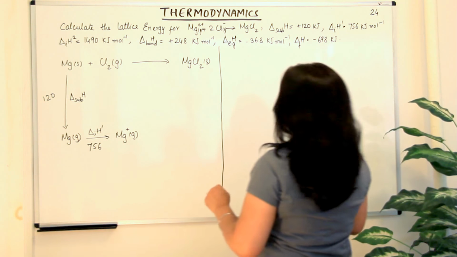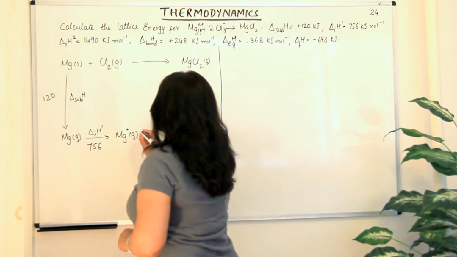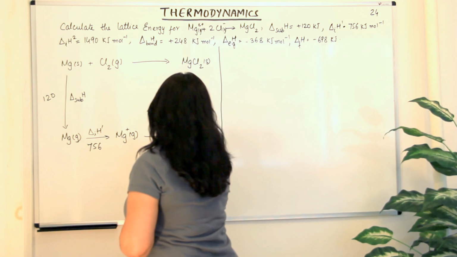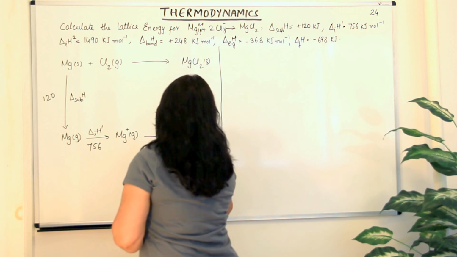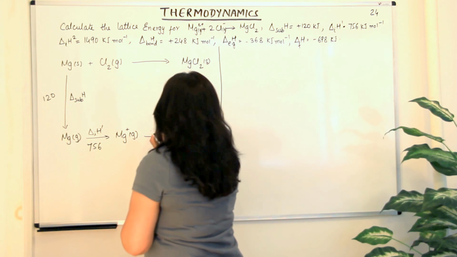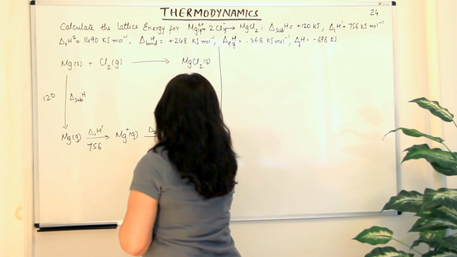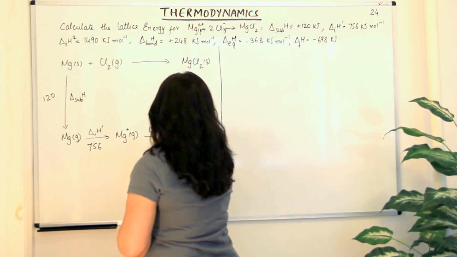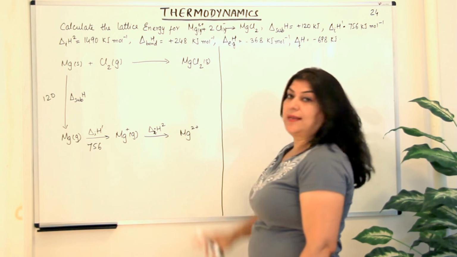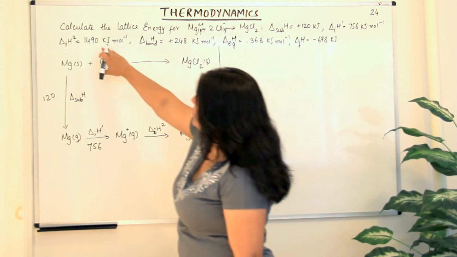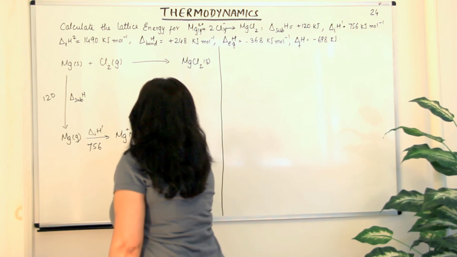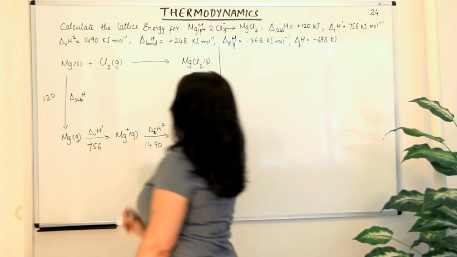And then Mg+ turns into Mg2+. For this, the second ionization enthalpy is being used. And what is its value? It is 1490 kilojoules per mole.